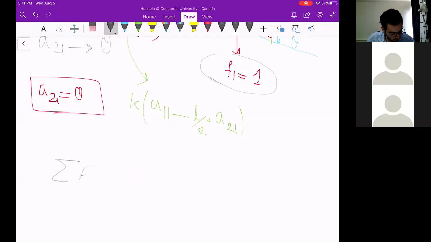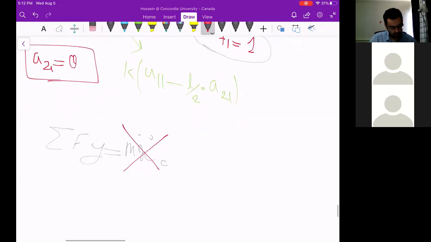So just construct the second Newton's law. The summation of forces applied in y is m x double dot c. In order to find A11, just temporarily forget acceleration, because statically displacing the system, it is 0.